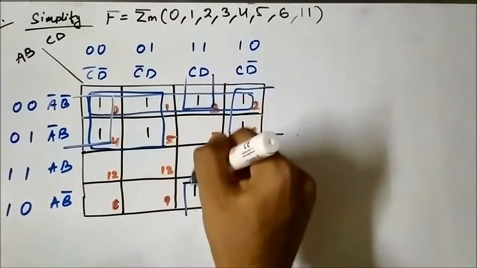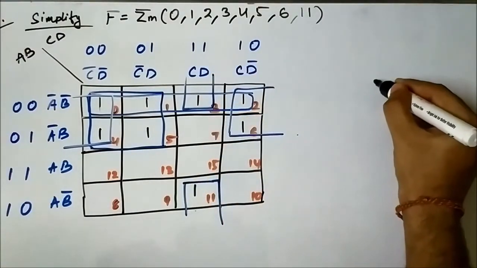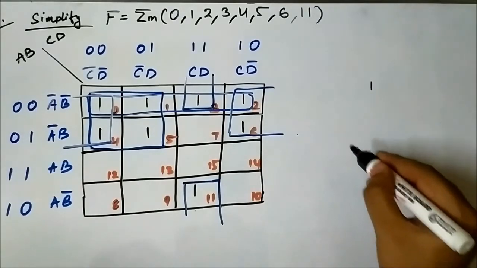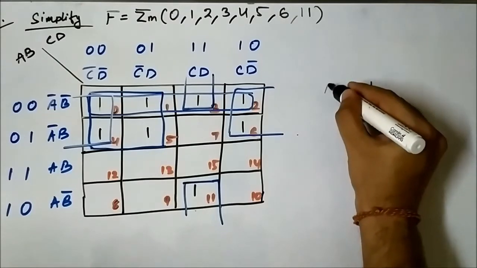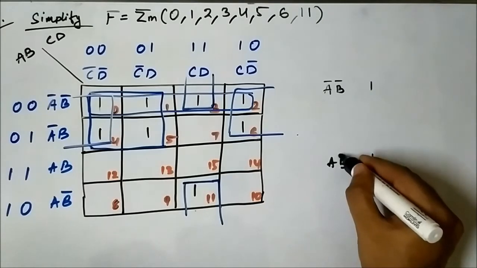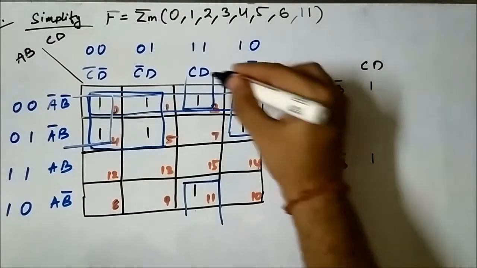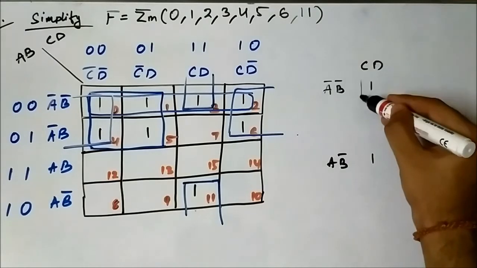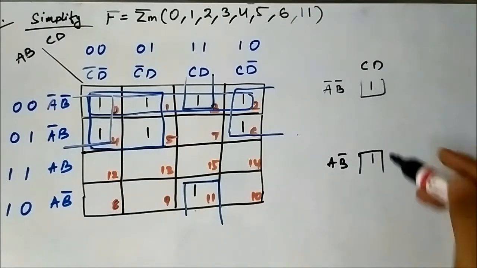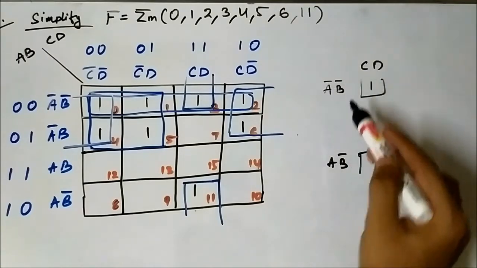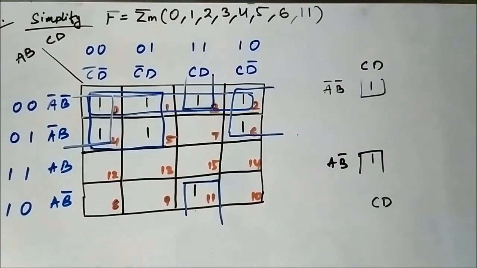Now let us find the common variables, starting with this pair. Let us write the variables, the horizontal variables A bar B bar, A B bar, and vertical C, D. You can see in the vertical side CD is common in both the cells, so CD will be there, and in the horizontal side B bar is common in both the cells.